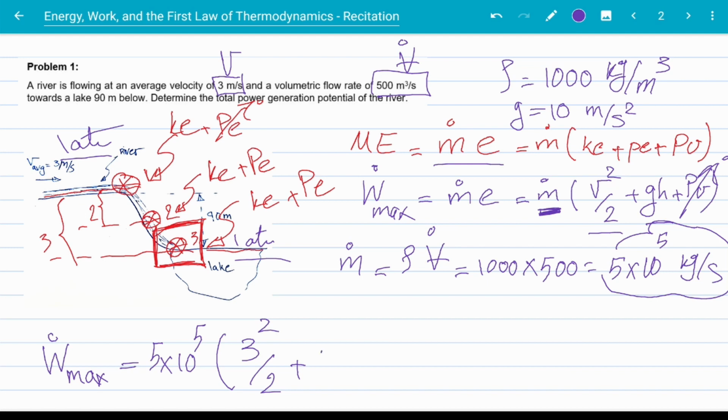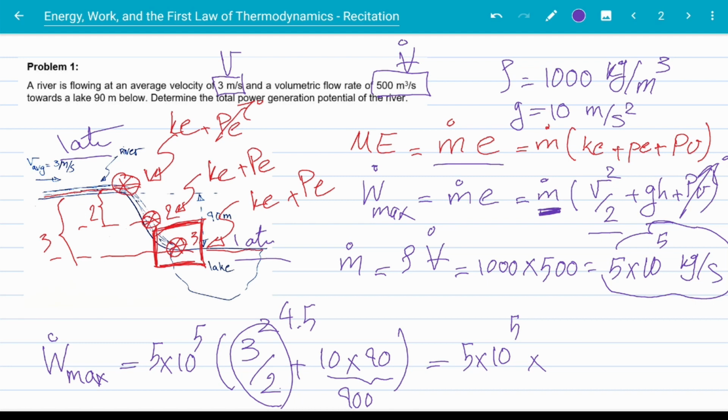So that is 10 times 90. This thing here is 9 over 2, which is 4.5. And this thing here is 900. So we are looking at 5 times 10 to the 5 times 904.5.